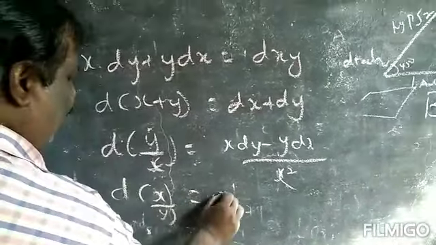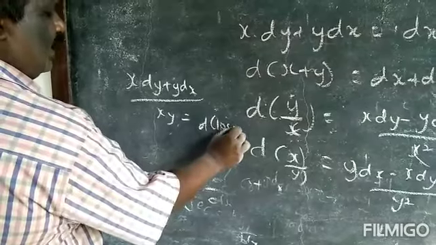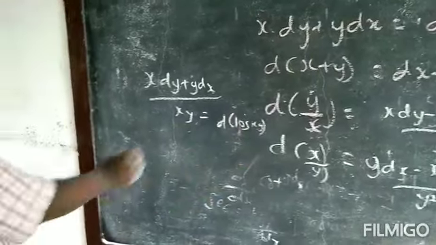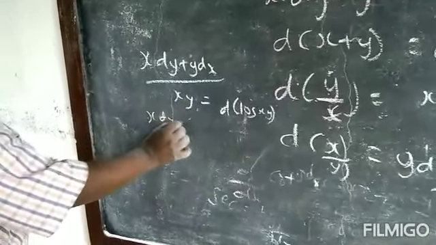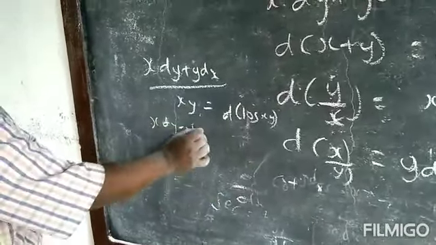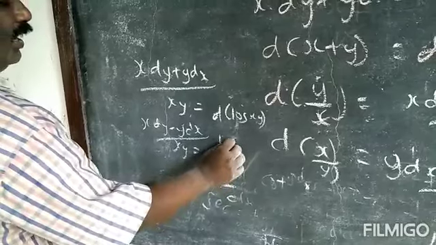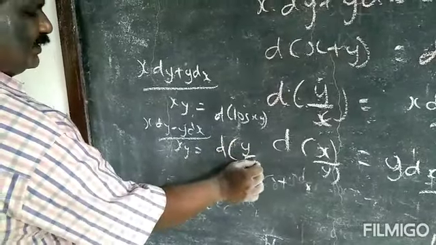Likewise, (x dy plus y dx) divided by xy is equal to d log xy. Likewise, (x dy minus y dx) divided by xy is equal to d log (y by x).